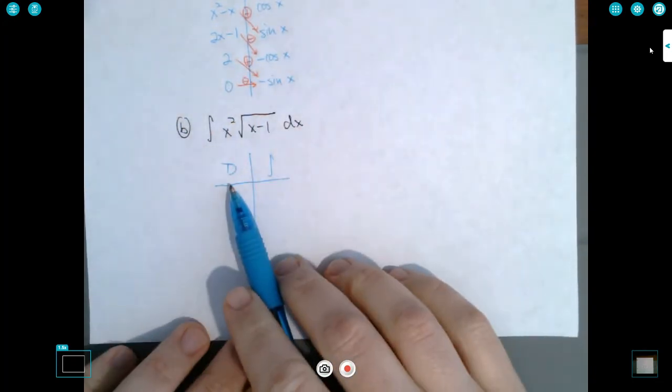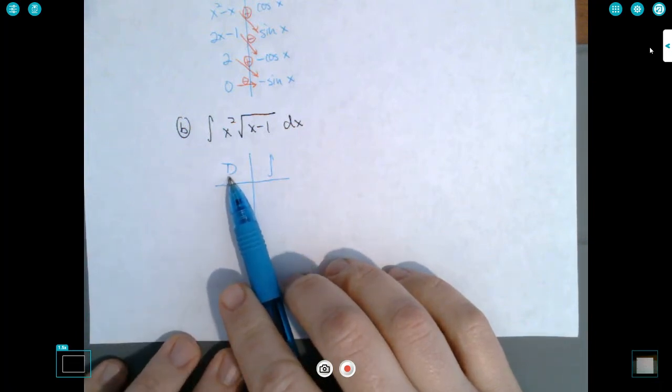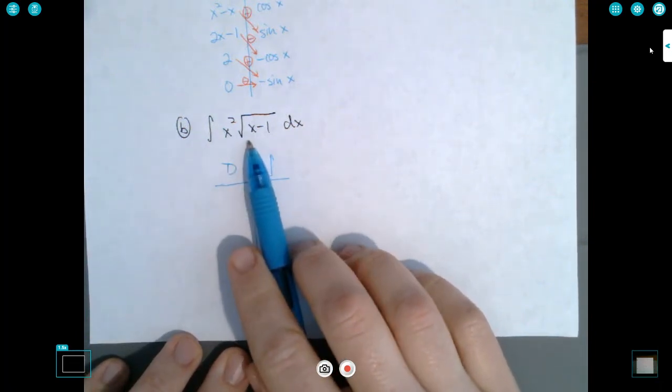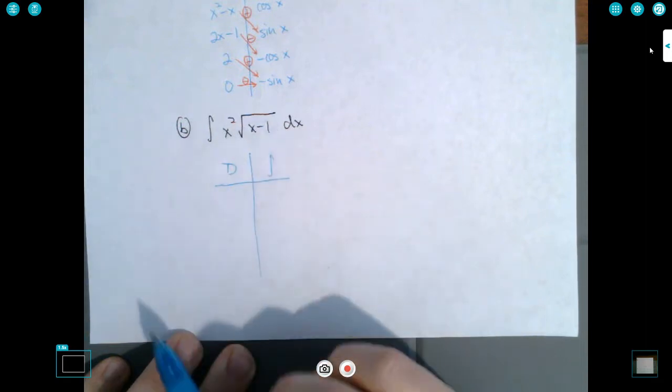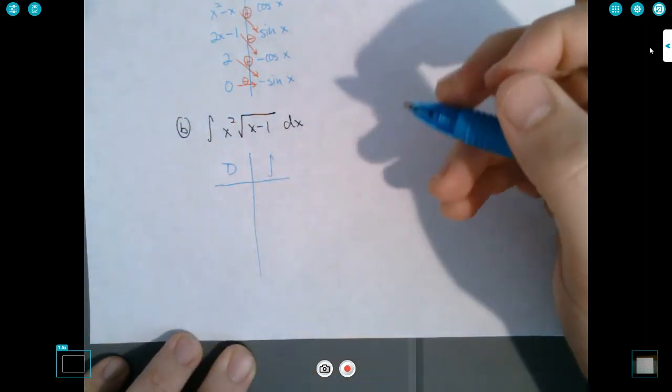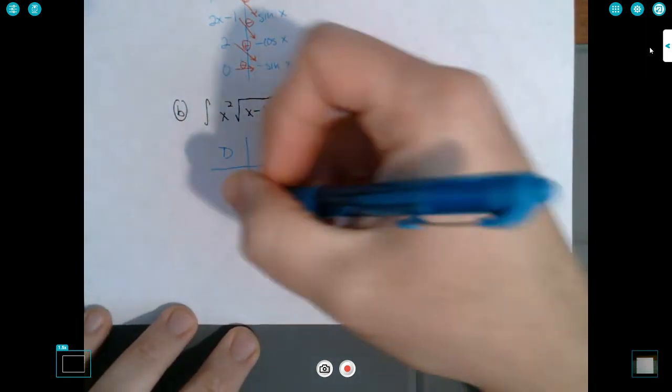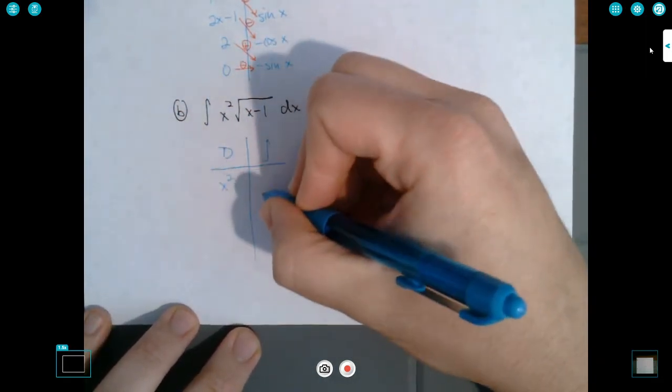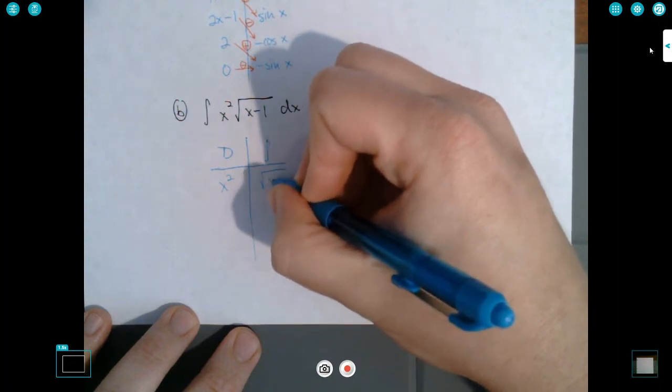Of course, all of this sort of relies on me being able to integrate the square root of x minus 1, which maybe I can't do, right? But we'll see if I can or can't. So I'm going to try to do x squared here and square root of x minus 1 there.